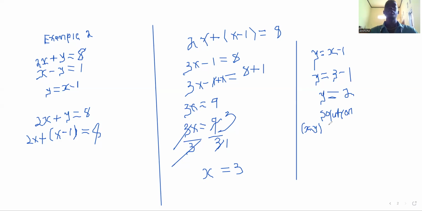And how I give the concept, this is how we do it. So this should be equal to x is 3 and y is 2. So this is it, and it is the real solution to what we have been given.